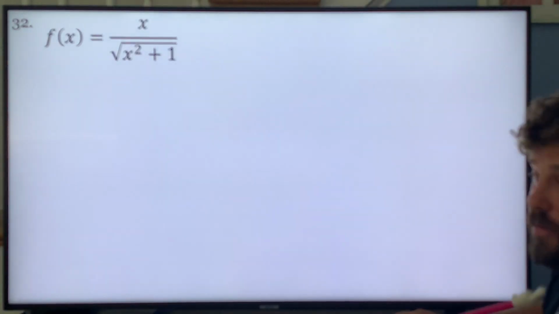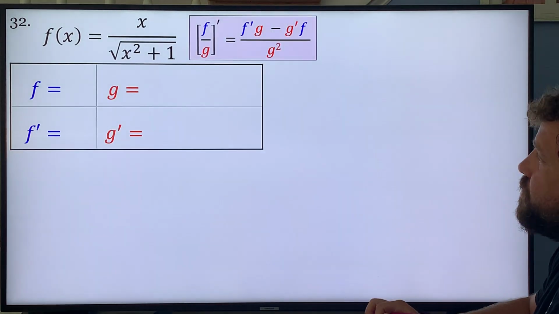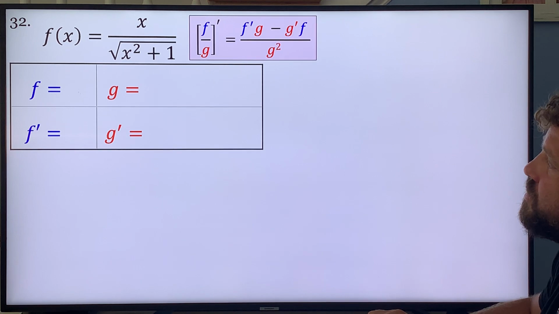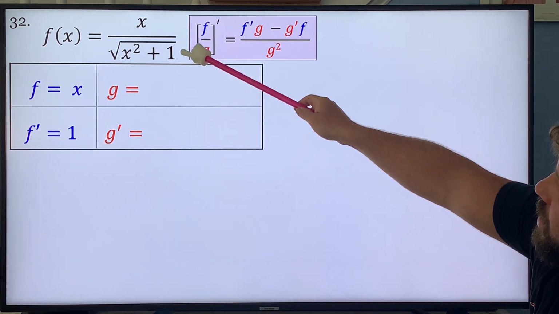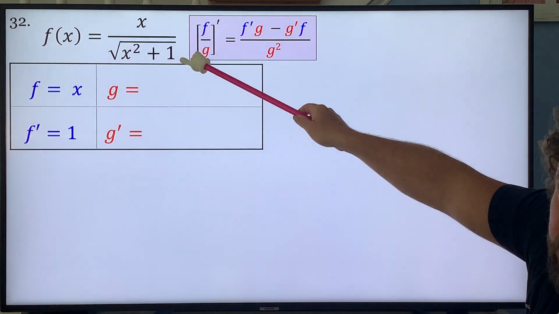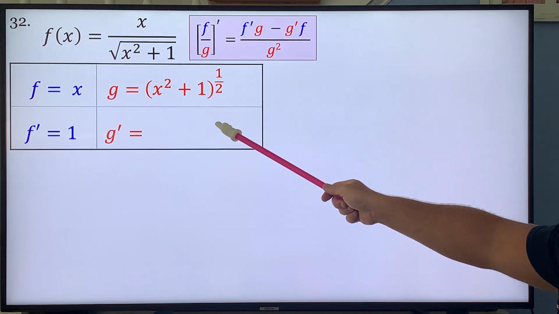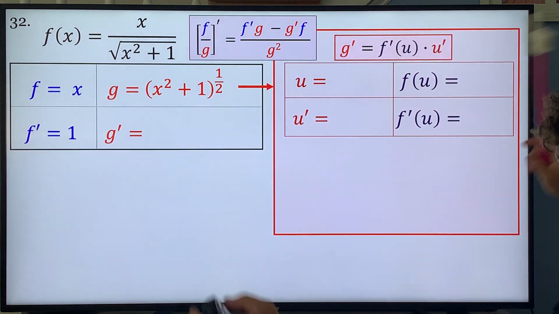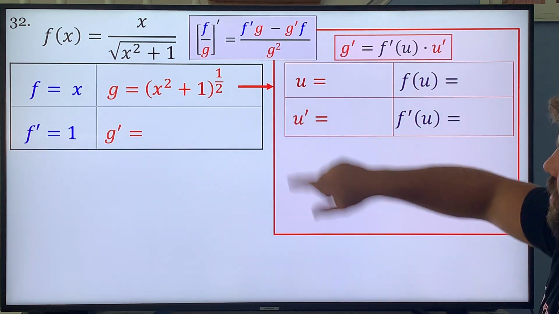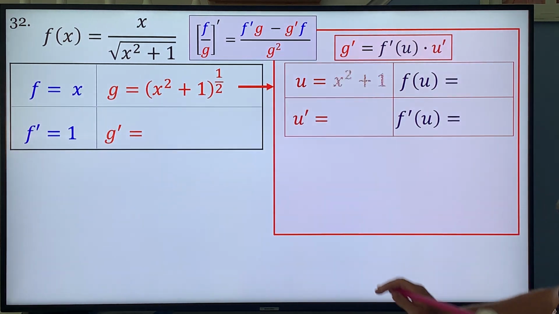This is like the halfway mark only. All right, problem 32. F is x. F prime is 1. G is x squared plus 1 to the 1/2, because it's a fraction. G prime, chain rule. U, inside, is x squared plus 1.